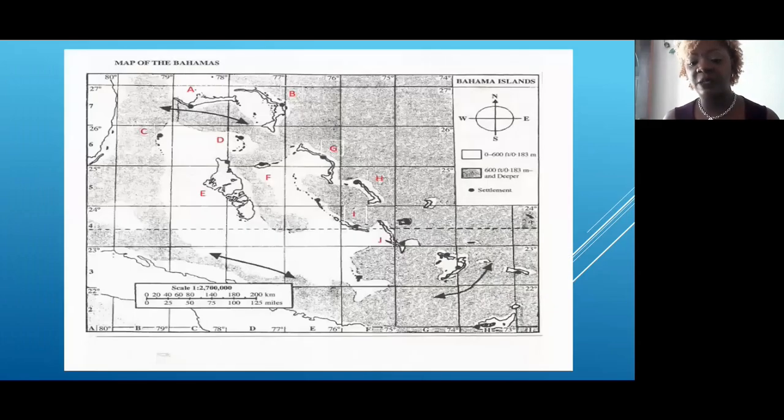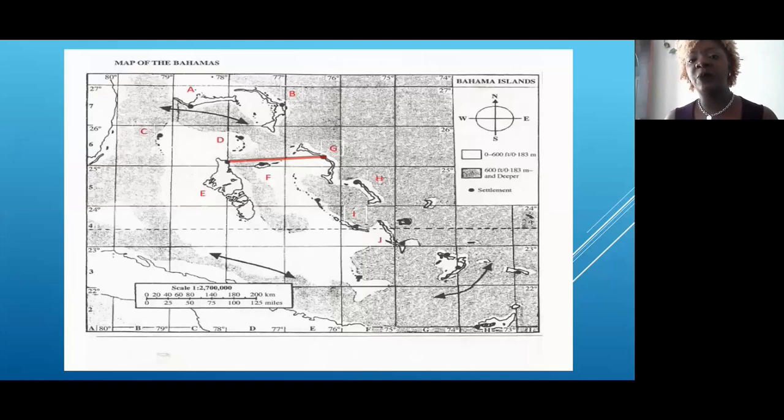Now, this will be the final point. And as you can see, it took us right back to this map because we're just going to show you how we measure from point to point. Let's just pretend that red line is a strip of paper. If you notice, you're measuring from that point, which is Nicholstown, Andros, to that point, which is Governor's Harbour, Eleuthera, right?